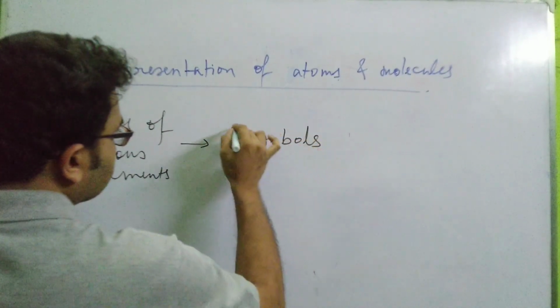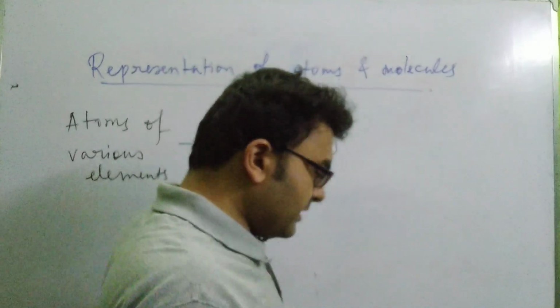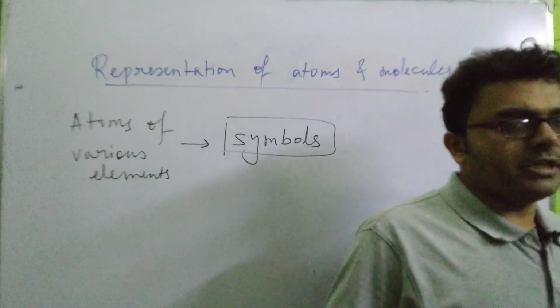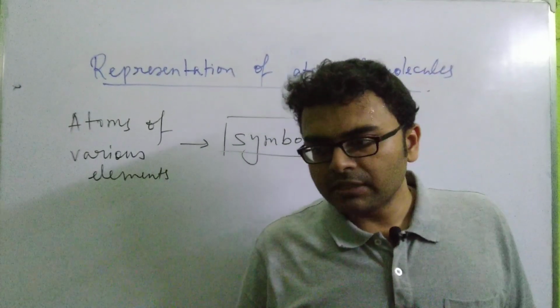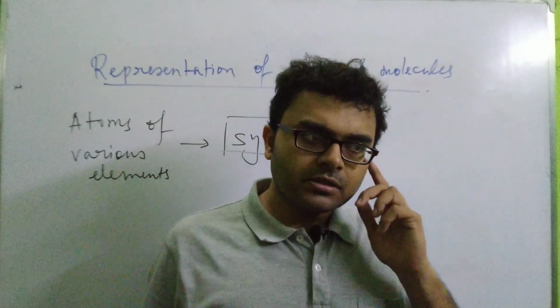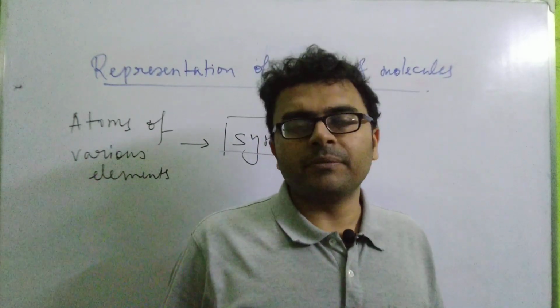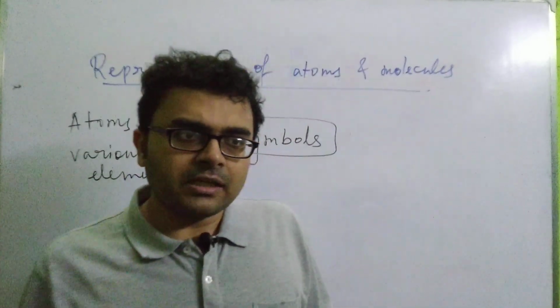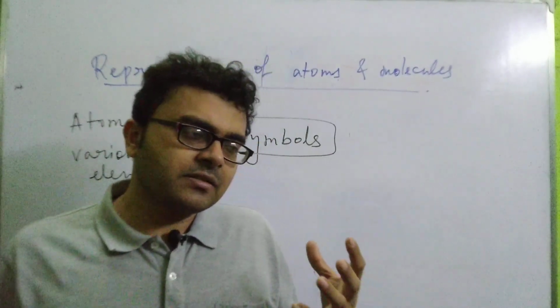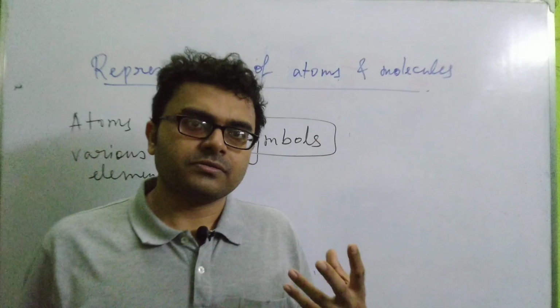And how are these symbols fixed? Initially, when not so many elements had been discovered, just 10 or 20 elements, there were really some symbols used, like plus, cross, arrow.